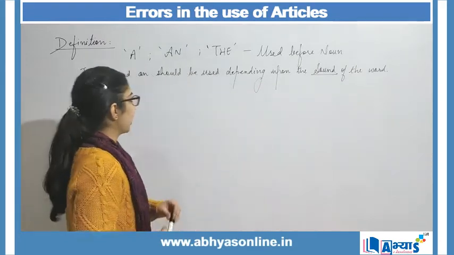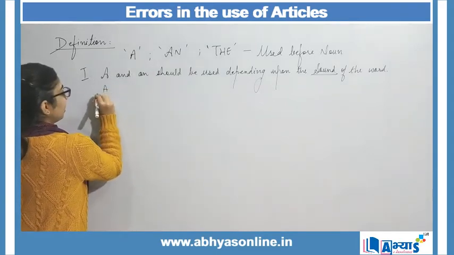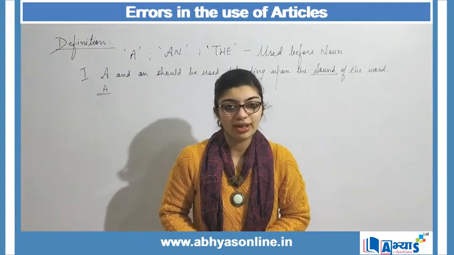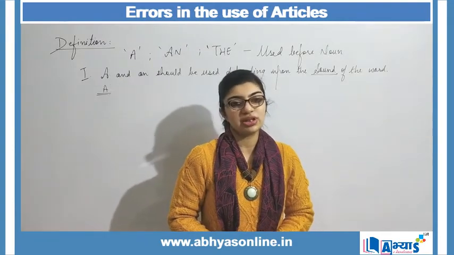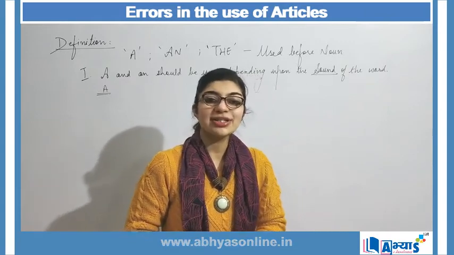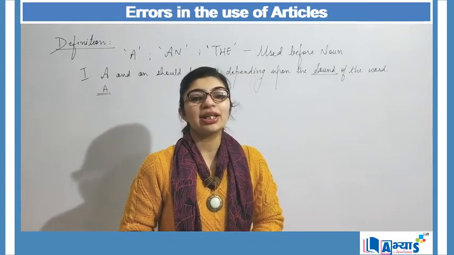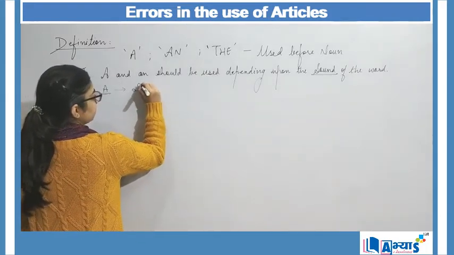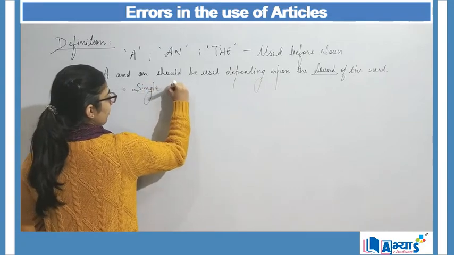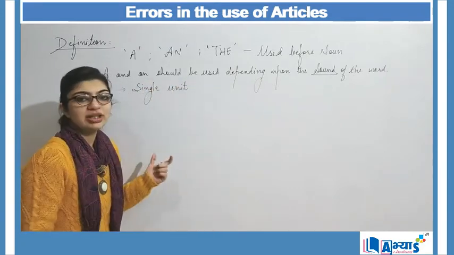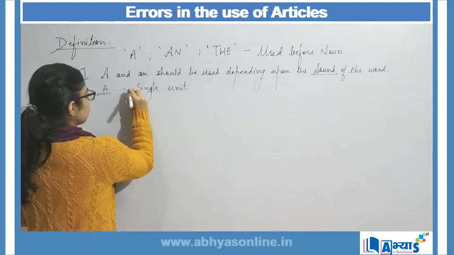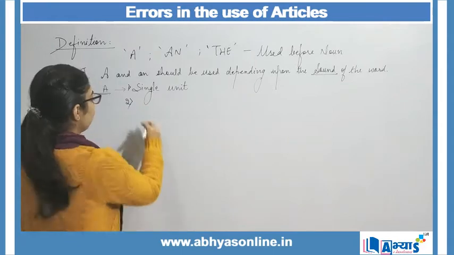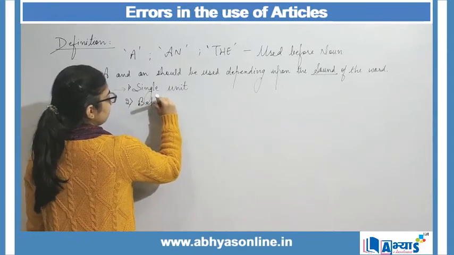Now first let us say that we are talking about article a. When a is used before a noun, it is when we are making use of consonants. When my word has the first letter as a consonant, in that case we make use of a. A is used for describing a single unit. This is my first criterion, and my second criterion is that it is used before consonants.